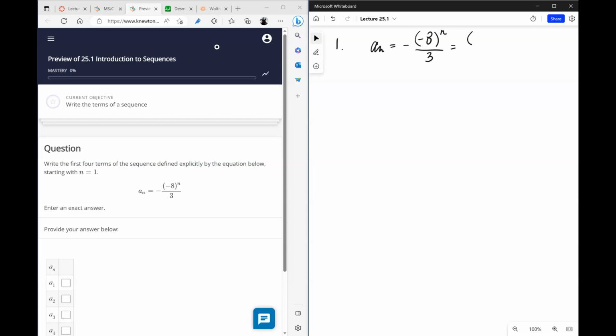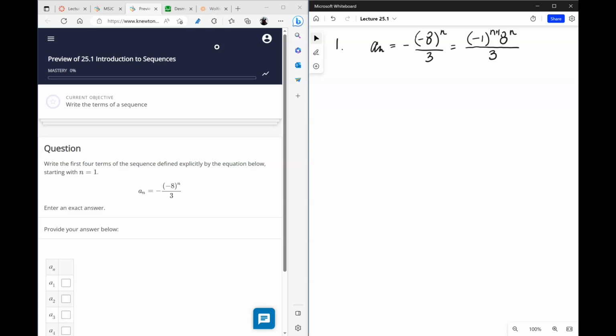There's a couple things I'm going to do here. I'm going to separate -8, which is a common technique, into a negative sign and the actual numerical part of it, and then we're going to take this extra negative and add it to the negative part. So these two definitions are equivalent.